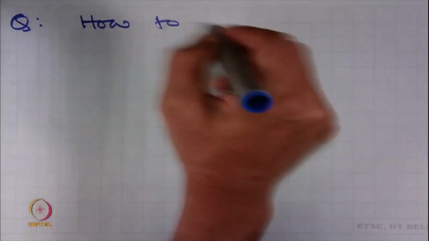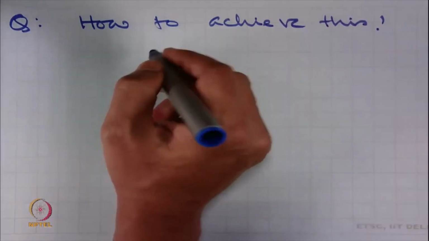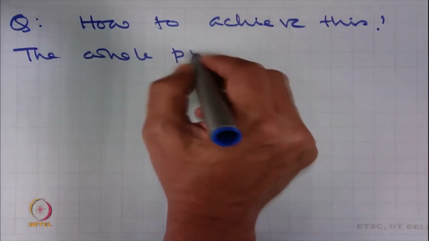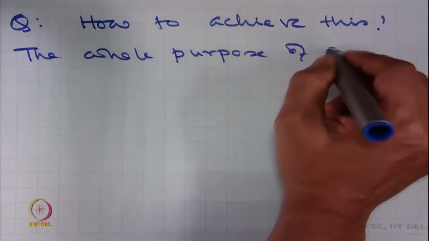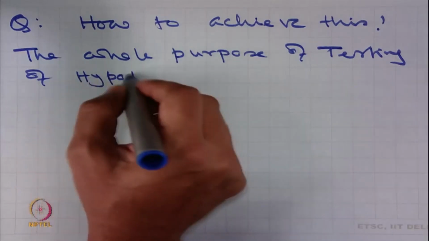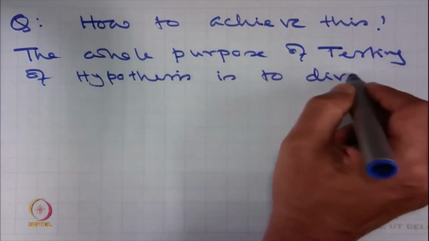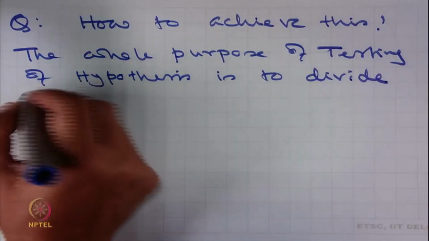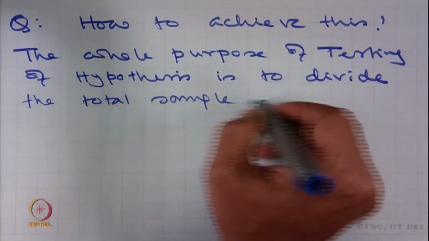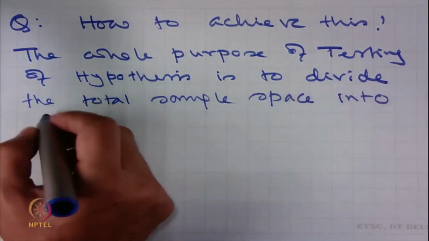Question: how to achieve this? So, the whole purpose of testing of hypothesis is to divide the total sample space into two parts.